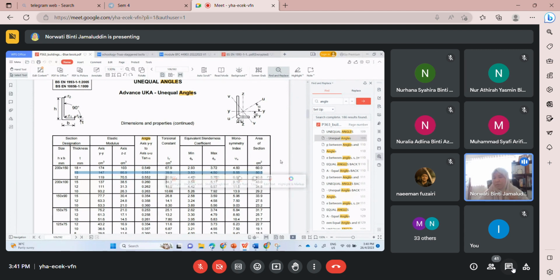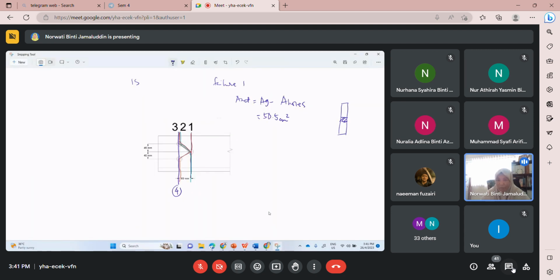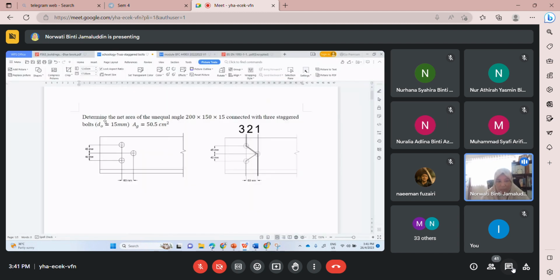See, this is how you get the value of that parameter, 50.5. So 50.5 minus any area due to hole. What is the other information that we can get from this question?